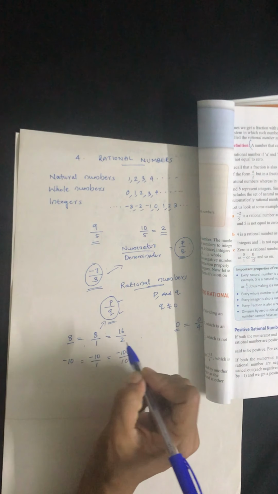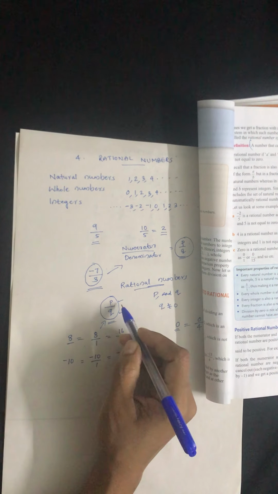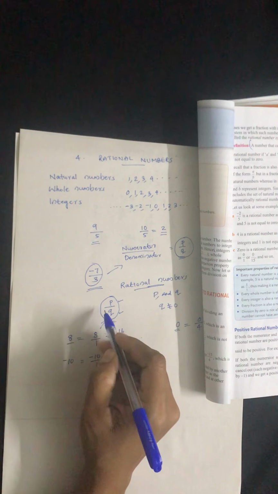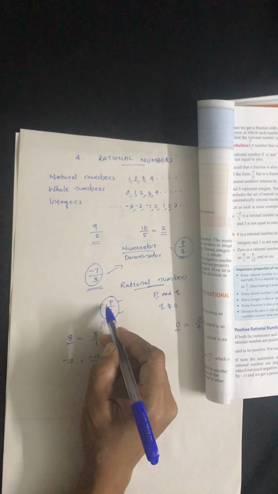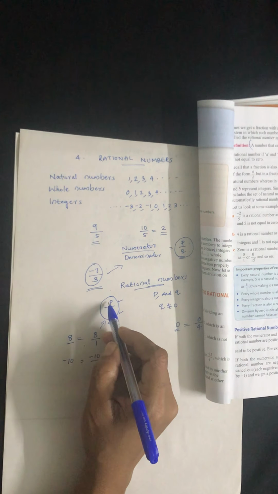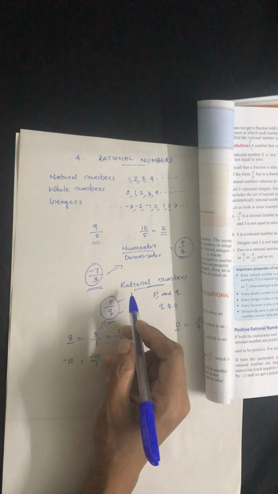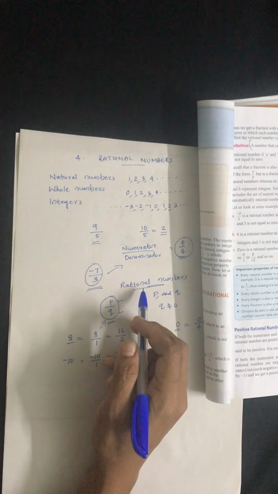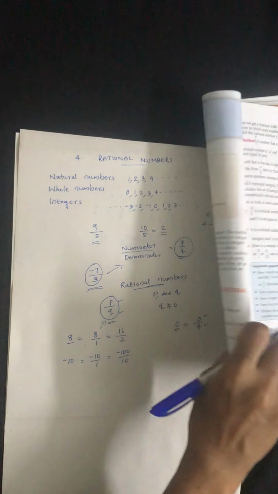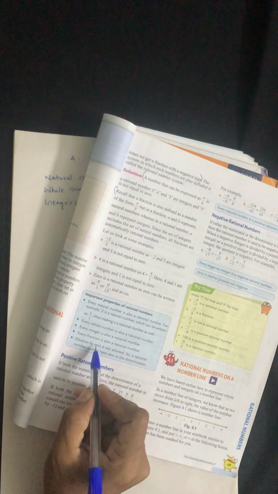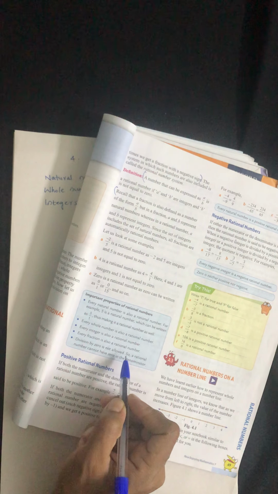And rational numbers include negative integers also. If any numerator is negative, that will also be included in the set of rational numbers. So what we can conclude: every fraction is also a rational number.